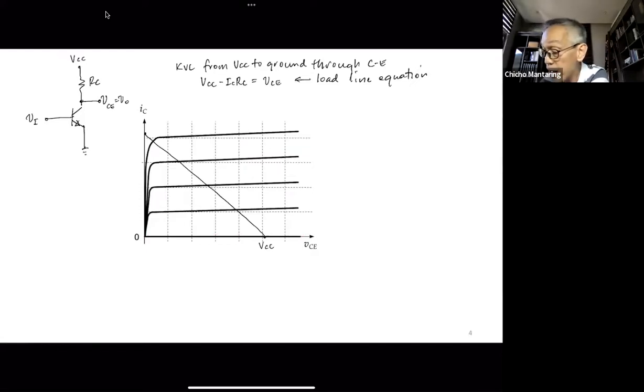And at VCE equal to 0, your IC will be VCC over RC. So this point is VCC over RC.